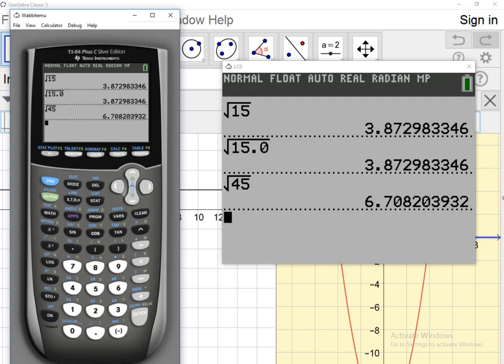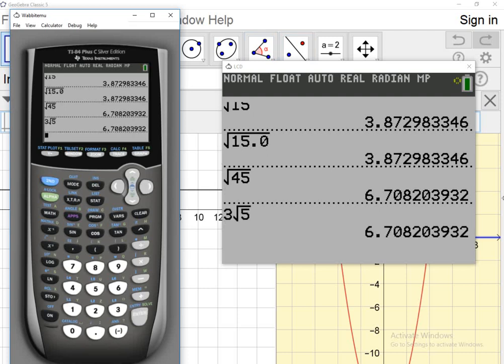5 times 9. So 9 is a perfect square, right? What's the square root of 9? 3. So the square root of 9 times that radical 5 gives me the same 6.7 number.